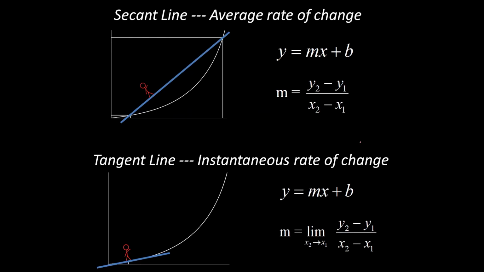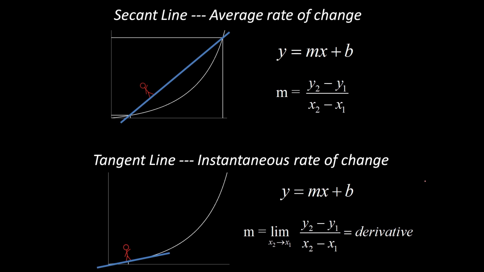So just putting them together, the average rate of change, take 2 points, connect them with a straight line. That's the average rate of change. However, the instantaneous rate of change, the change that's happening right at this moment, is given by the derivative.